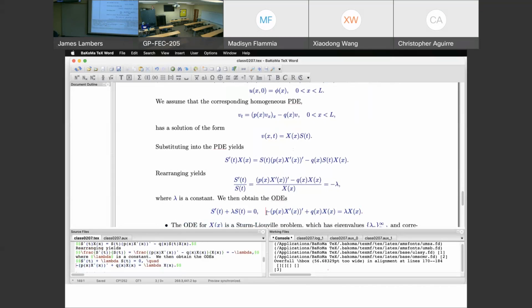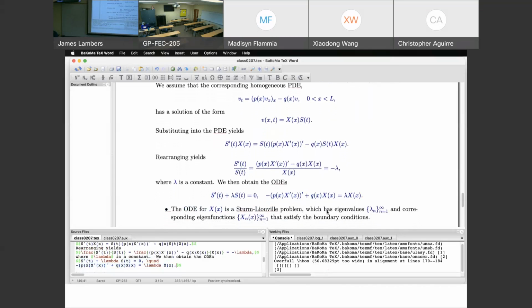And I've discussed this more general spatial ODE before. It's called a Sturm-Liouville problem. What's known about this kind of problem is that there are infinitely many values of lambda for which there's a solution that satisfies the boundary condition. These values of lambda are called eigenvalues.